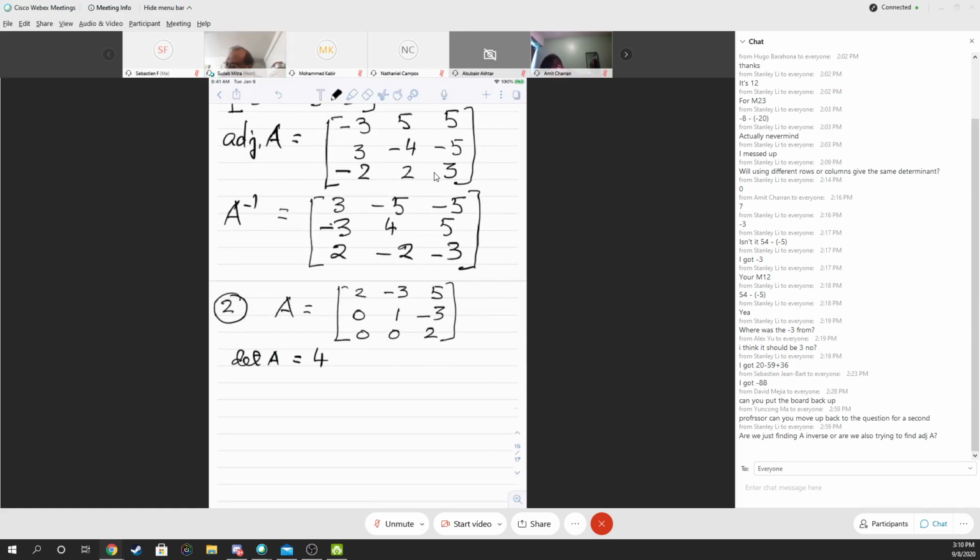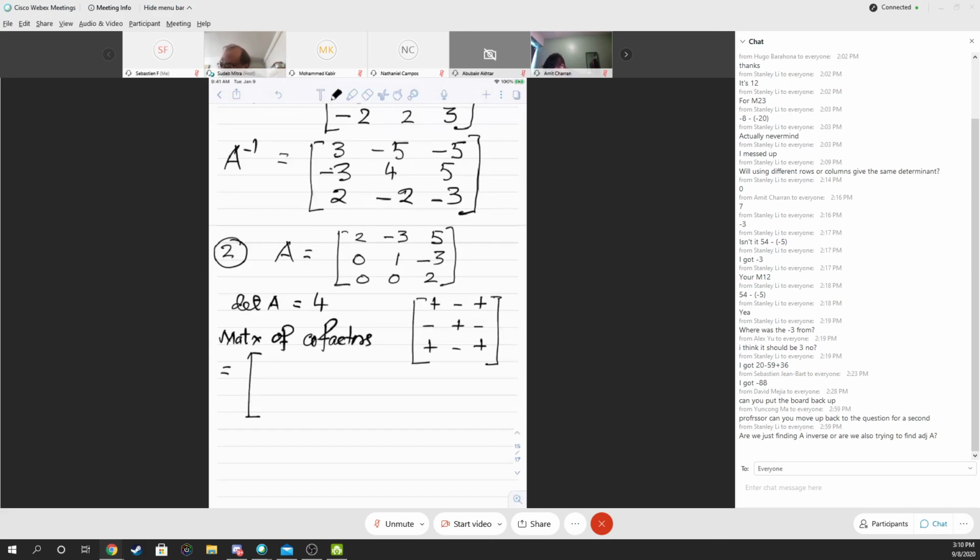So plus, minus, plus, minus, plus, minus, plus, minus, plus. So matrix of cofactors. Do it very carefully. 2, okay, so just 2.